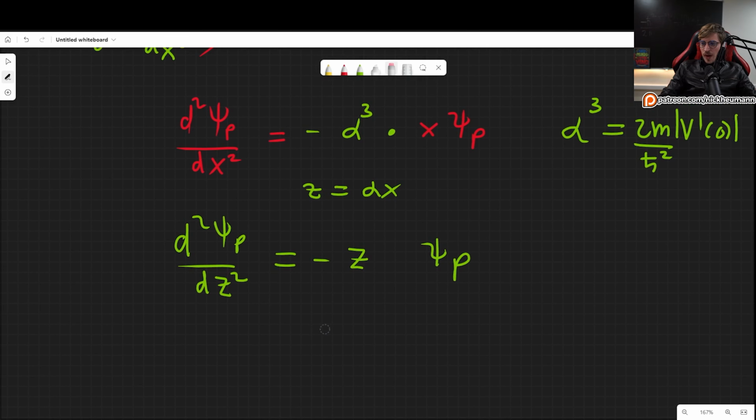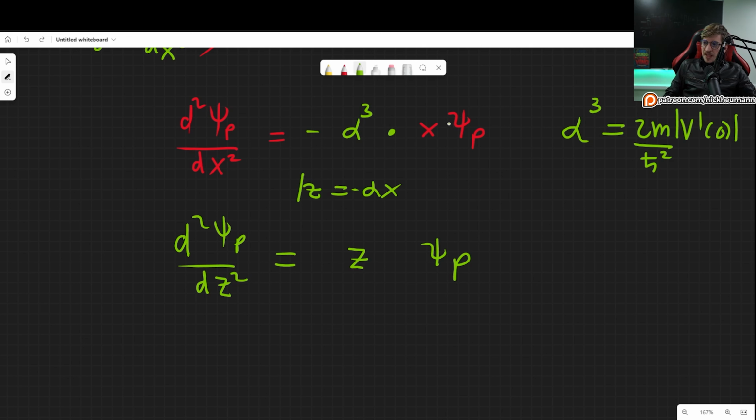This isn't quite what we had found previously, because previously, and by that I mean in the video with the upward sloping potential, we found this but with a plus. So what we can do is define z as minus alpha x, and then this becomes positive, of course, and there we go. There will be no difference here because of the way that we defined this.